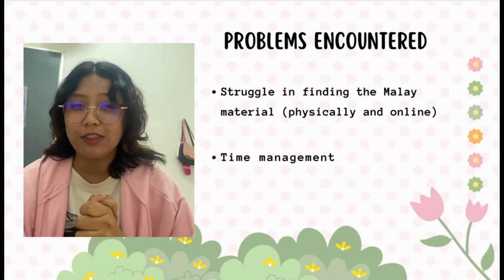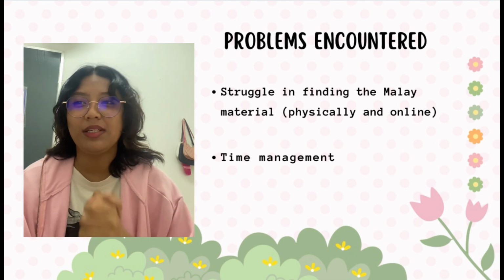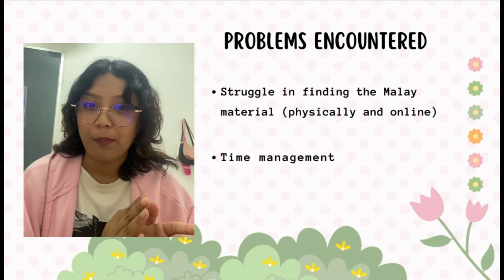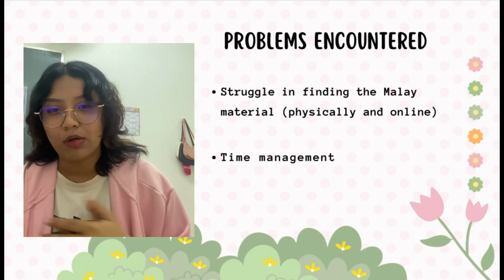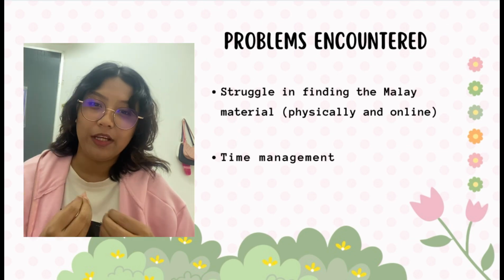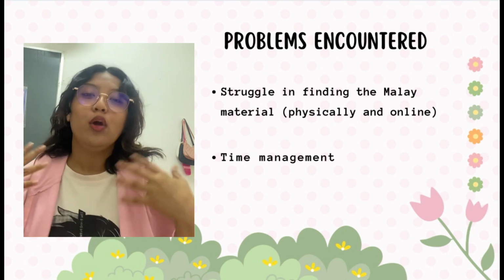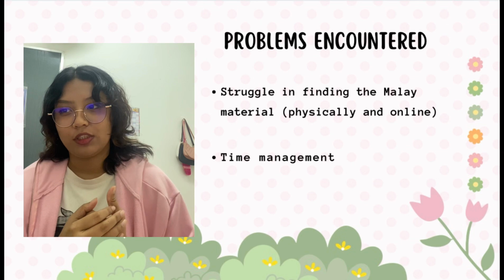However, the Malay version was actually way harder because I wanted to look for it at bookstores like Popular. They do sell it, but it was always out of stock, and I couldn't find the Malay version online. Hence, I had to ask a fellow friend who knew where to get the Malay version.